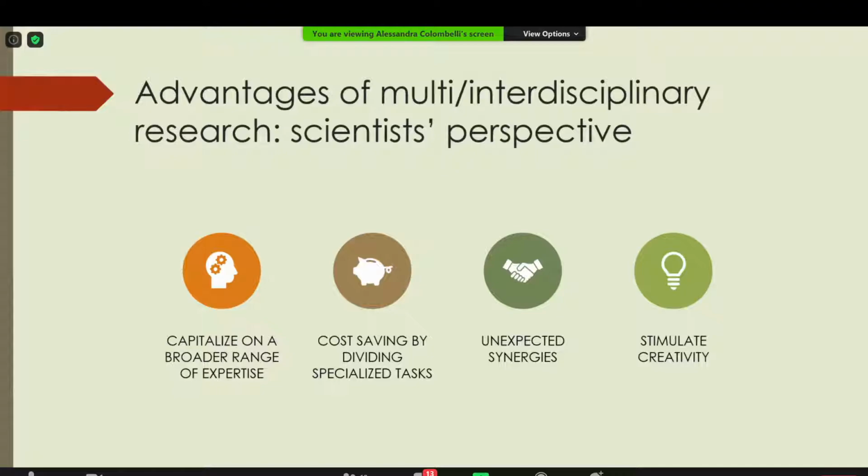Another advantage is related to the specialization of tasks, and in particular, scientists perceive that they can save costs by specializing tasks. So interdisciplinary research is also cost effective. Another key advantage is that this kind of research can stimulate creativity.